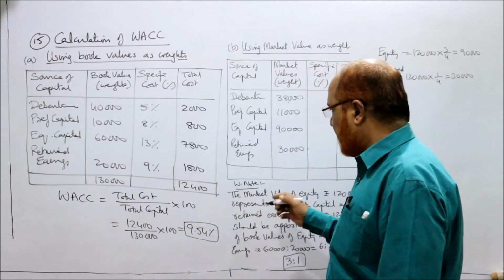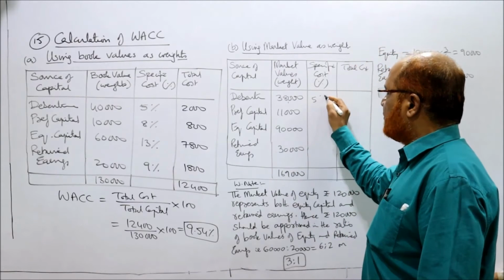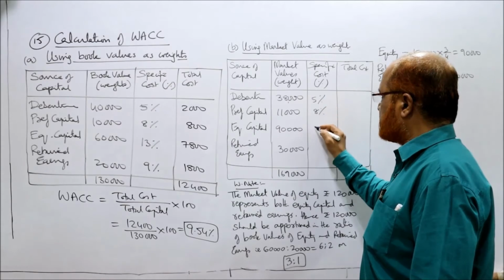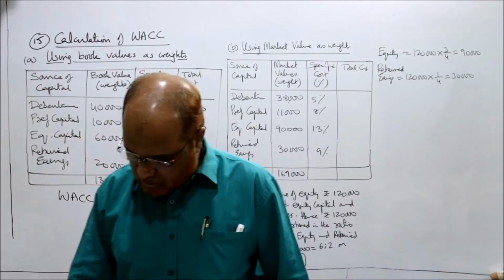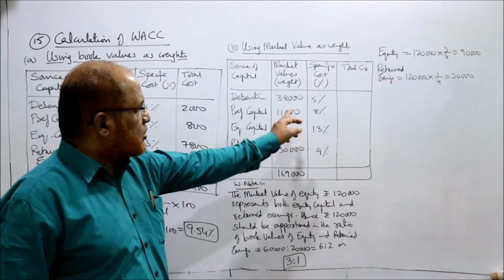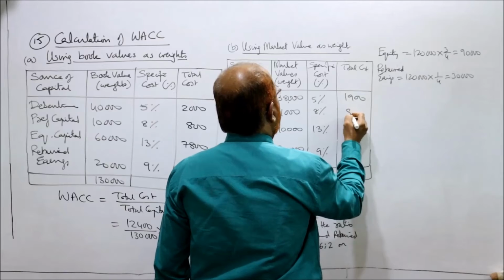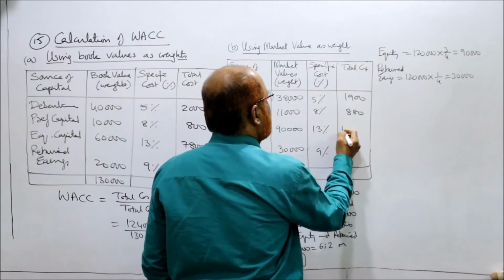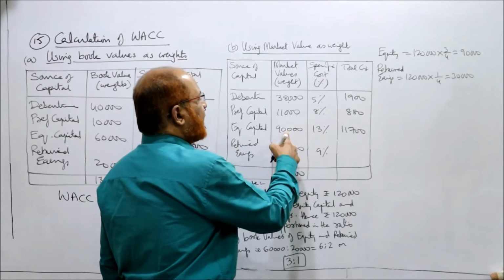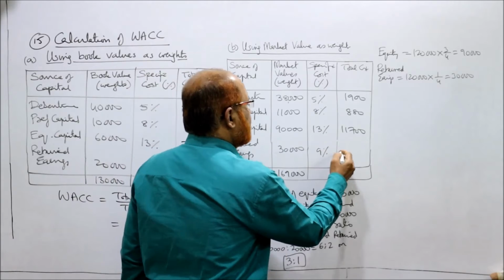The total is 1,69,000. Take the specific cost 5%, 8%, 13%, 9%. Now the total is 38,000 into 5%, you'll get 1,900. Here it is 880. Here 11,700. Multiply 90,000 into 13%, then 2,700.